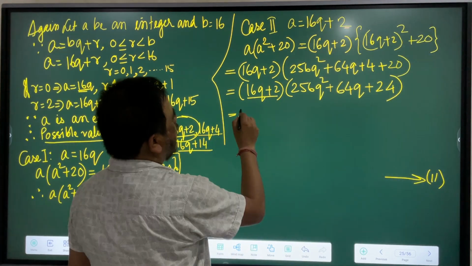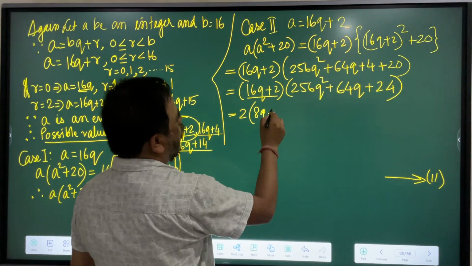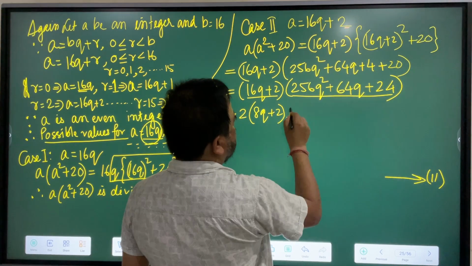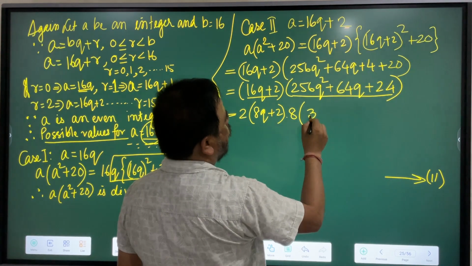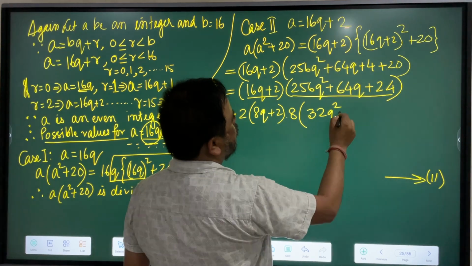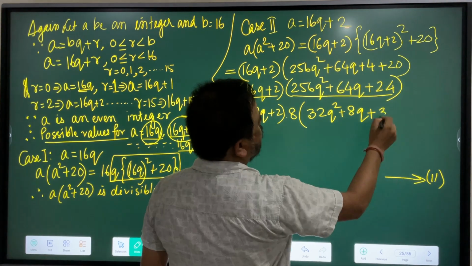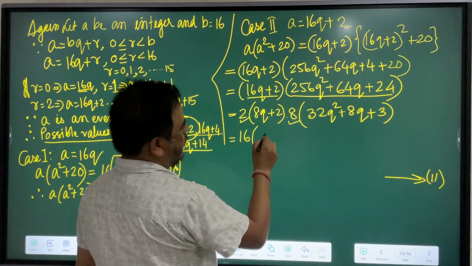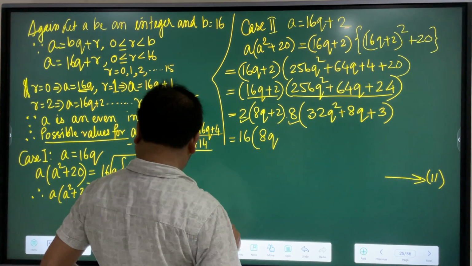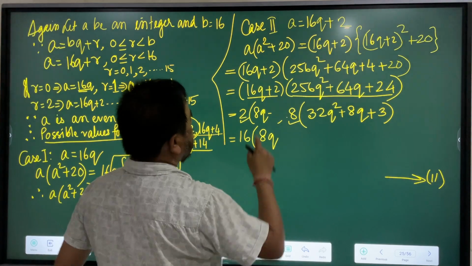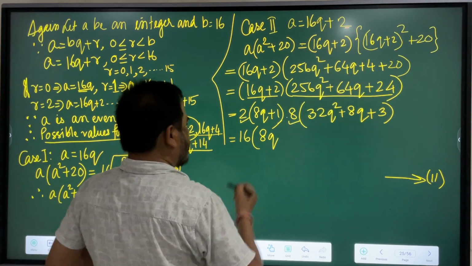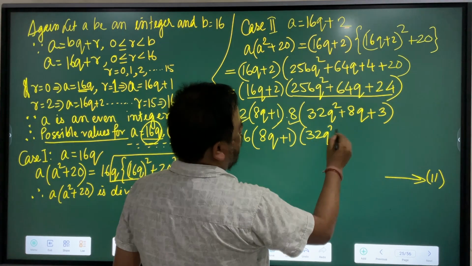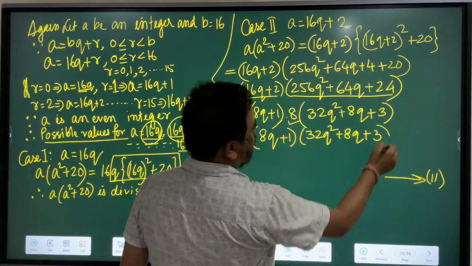From the first two we can take 2 common: 2(8q + 1). From these 3 terms we can take 8 common: 8(32q² + 8q + 3). So 2 into 8 is 16: 16(8q + 1)(32q² + 8q + 3).